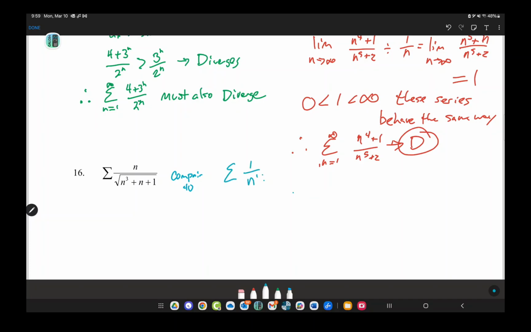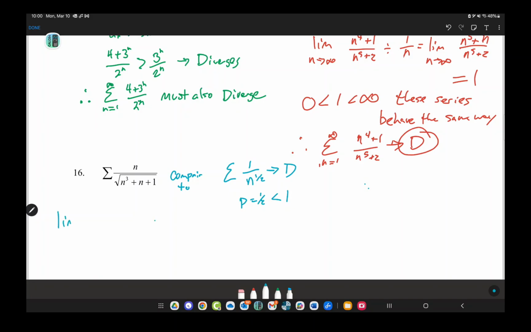Compare to the sum of 1 over n to the 1/2. Because that would give me 3/2 in the numerator if I do your keep, change, flip, right? Does this function converge or diverge? Diverges because p is equal to 1/2, which is less than 1. If it's greater than 1, it converges; less than 1 diverges.